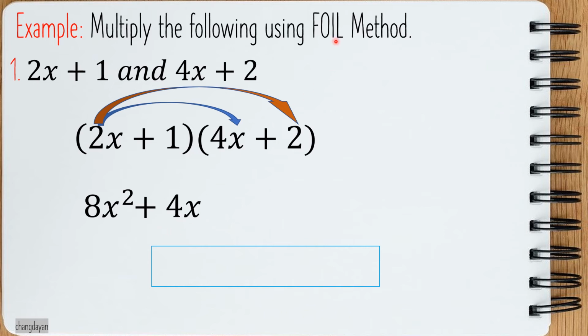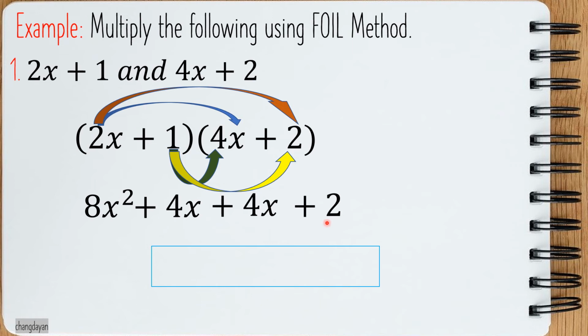Next, we'll go to I. Just multiply the inner terms, which are 1 and 4x. So, 1 times 4x, you'll get positive 4x. Then, multiply the last terms, which are 1 and 2. Multiply natin. 1 times 2, that is positive 2.